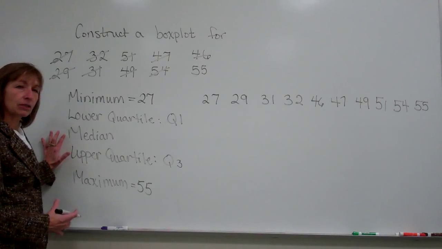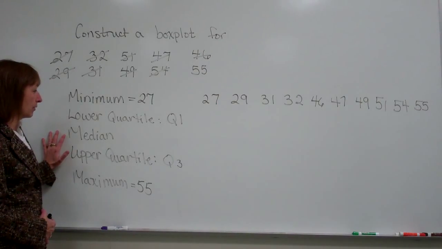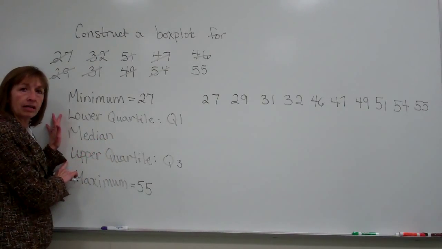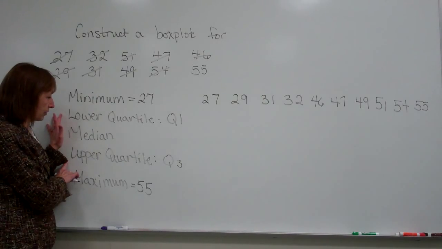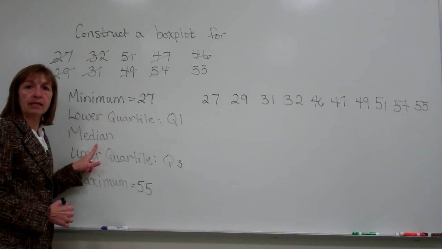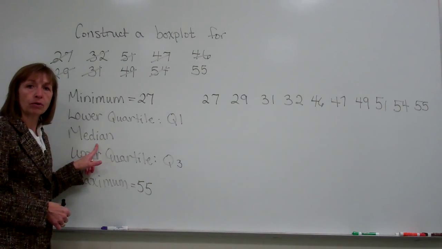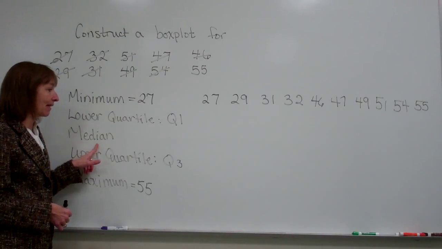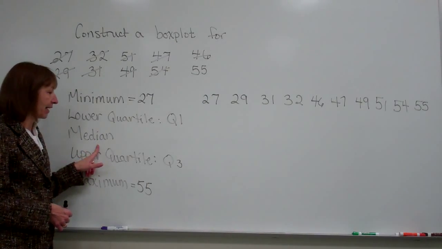But one of the quickest ways, especially if you have a smaller data set, is to look at the definition of the median and then carry that across to the lower quartile and the upper quartile. So for example, the median we know, once we put the numbers in order from smallest to largest, is the data value that sits in the middle of the data values.